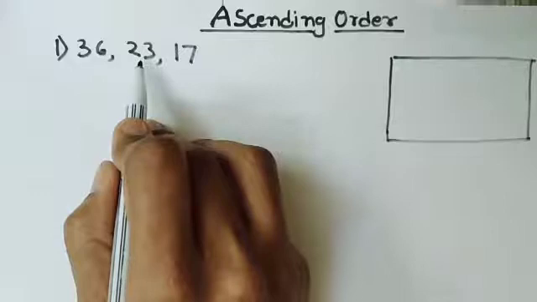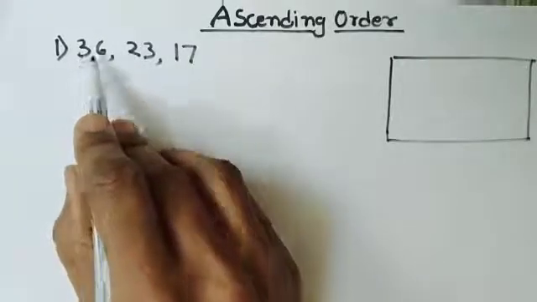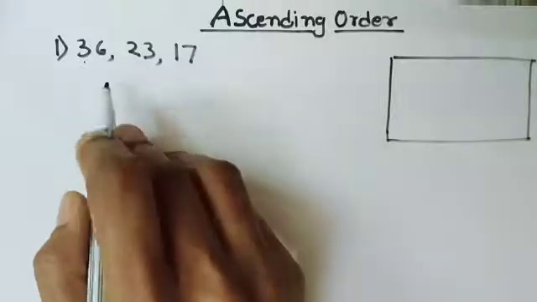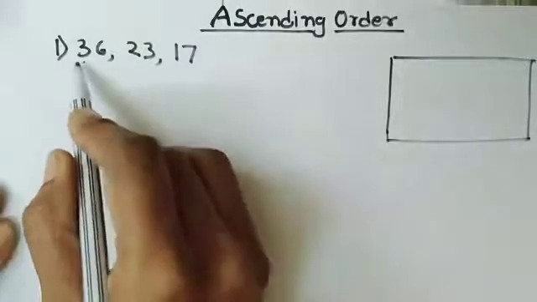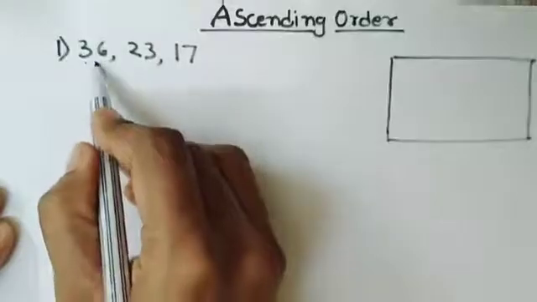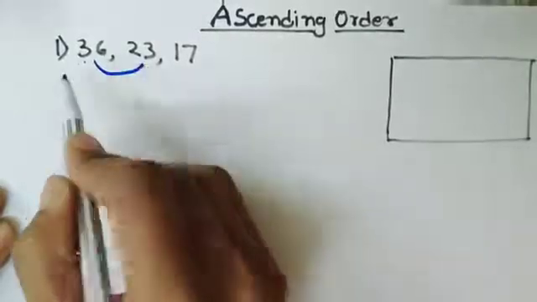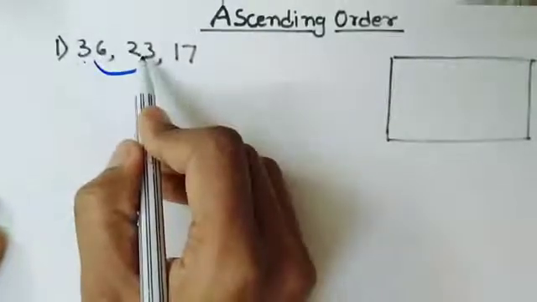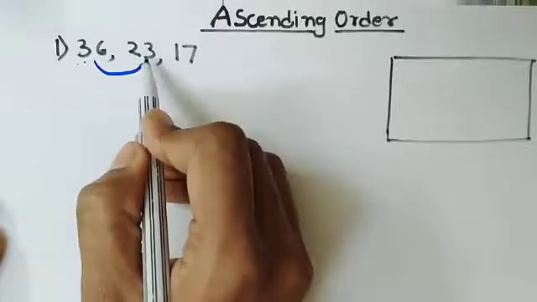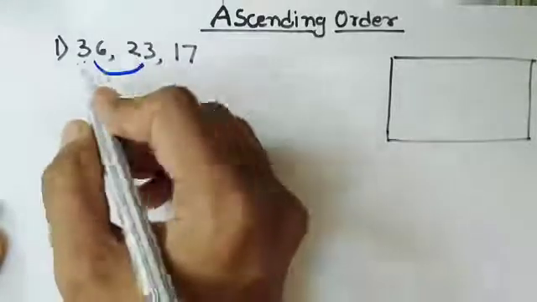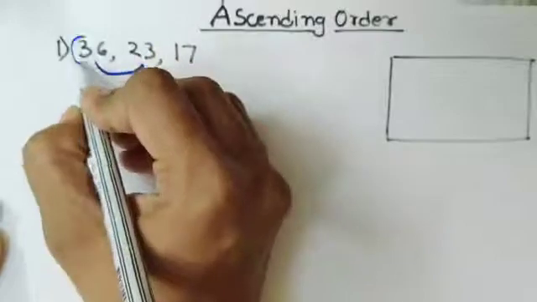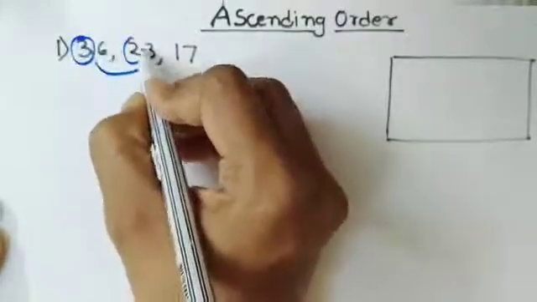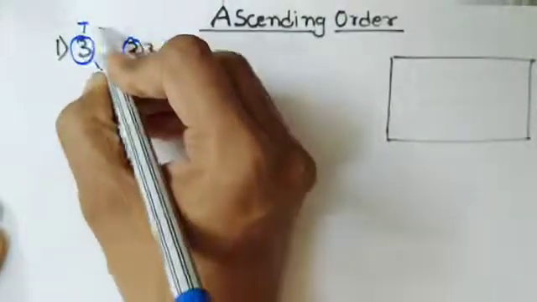So what you have to do, children? Yes, we have to check the tens place first. First we will compare 36 with 23. Out of these 2 numbers, which one is smaller? To check that, we will compare the tens place.